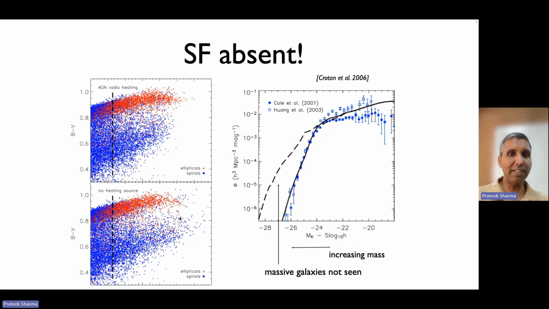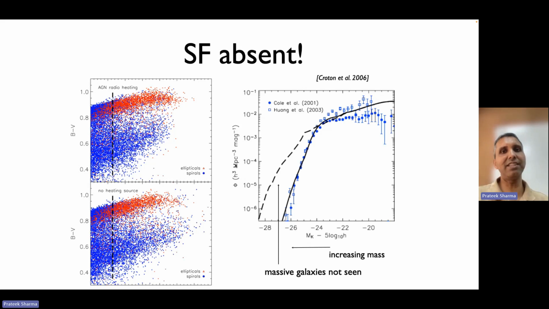So what you expect is a lot of these massive star-forming galaxies if there is no central heating, if there is no feedback. Most of the most massive galaxies in the universe in this scenario would have been star-forming disks. But the reality shows that most massive galaxies are red and dead elliptical galaxies. So if you put in this feedback prescription, you suppress these massive blue galaxies, right? Here all these are missing because of feedback.